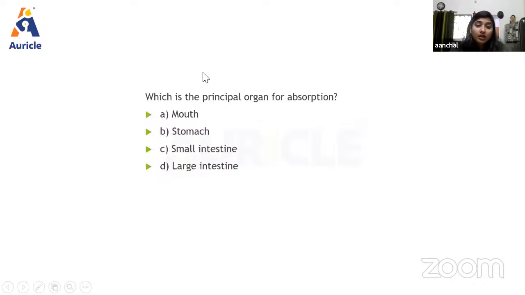I'm giving 30 seconds to answer this. So the answer is C, small intestine.